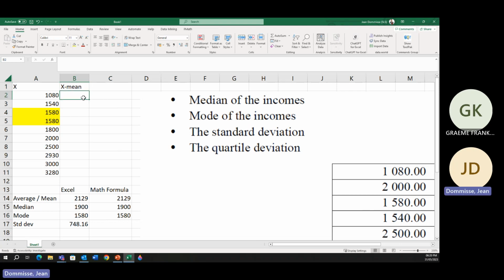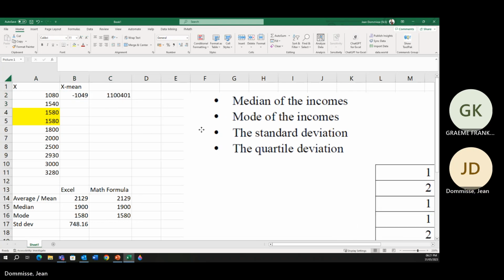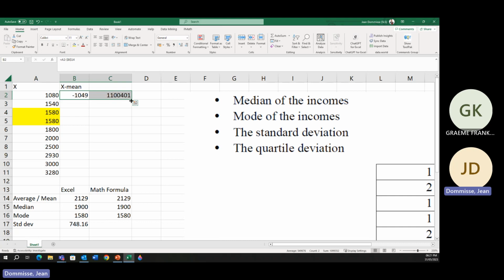How we normally work it out is to take the X value minus the mean, and that value I need to multiply by itself, or take to the power of 2. I need to do that for all of them.